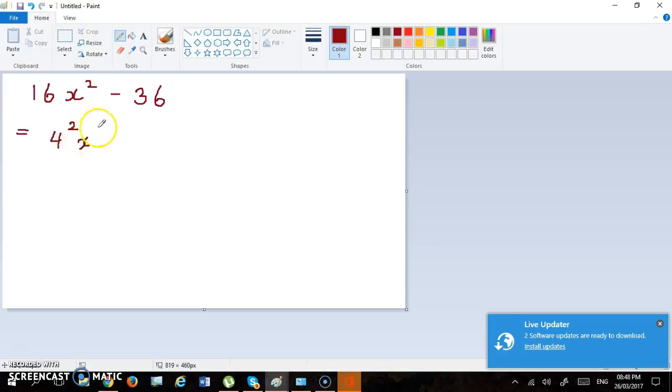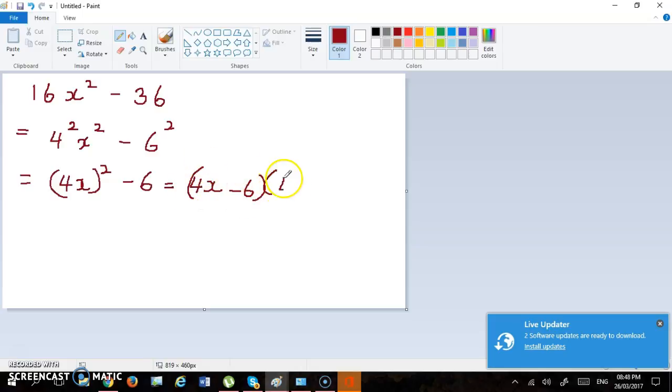So I put 4 squared x squared take away 6 squared, 36, 6 squared, same as 4x whole squared take away 6 squared. So we get 4x take away 6, 4x plus 6. You see, easy way there.